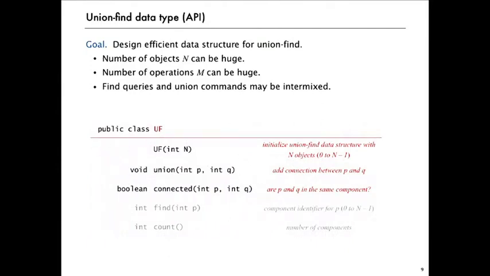The constructor takes as argument the number of objects, so it can build data structures based on that number of objects. And we have to bear in mind, as we're building our algorithms, that both the number of objects can be huge, but also the number of operations. We can have a very large number of union and connected operations, and our algorithms are going to have to be efficient under those conditions.